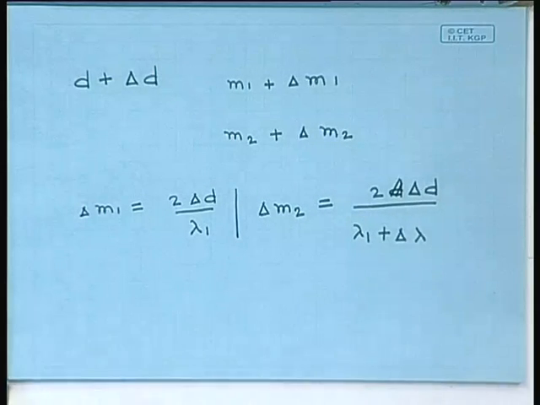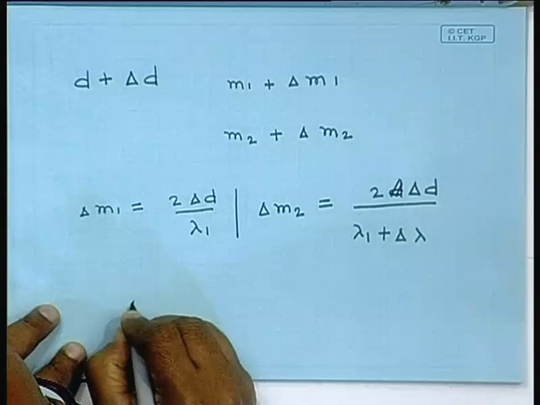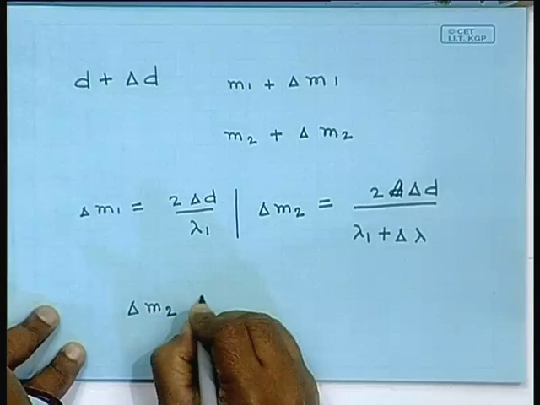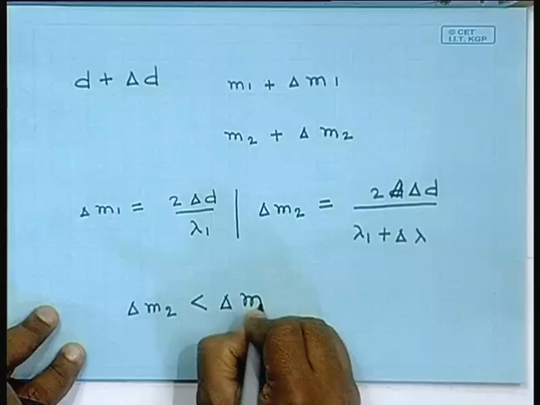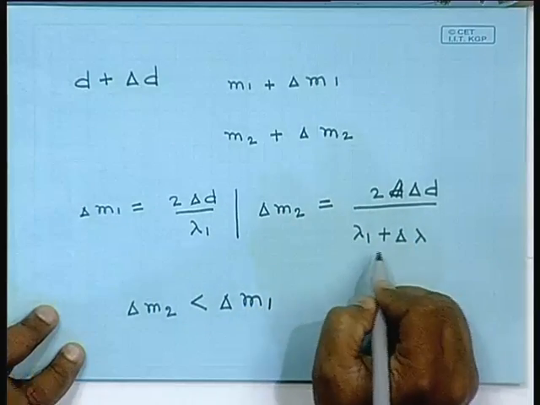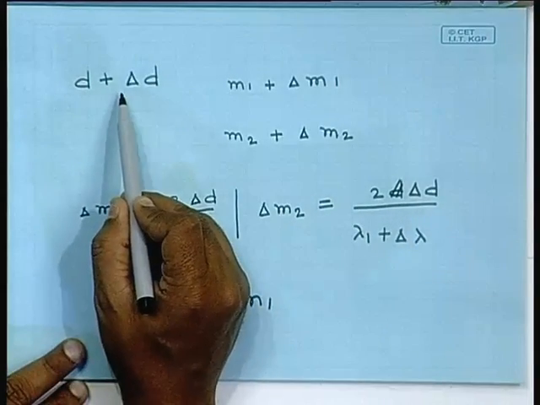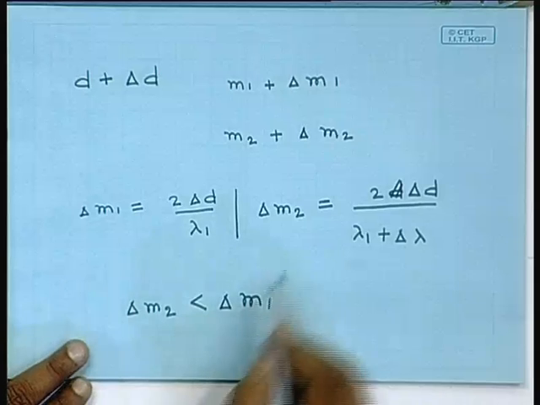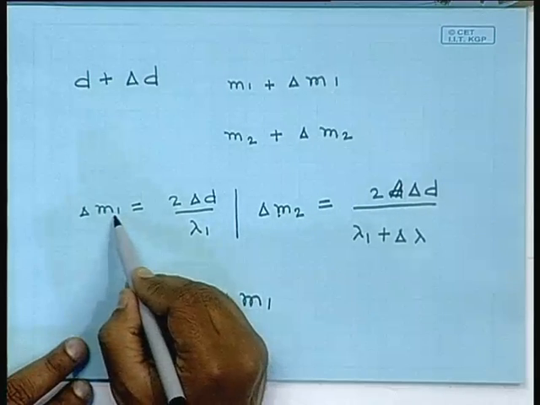And you can also note that delta m2 is less than delta m1, because the wavelength here is larger. So, if I move one of the mirrors by a fixed amount delta d, the change in this is less than the change in this.